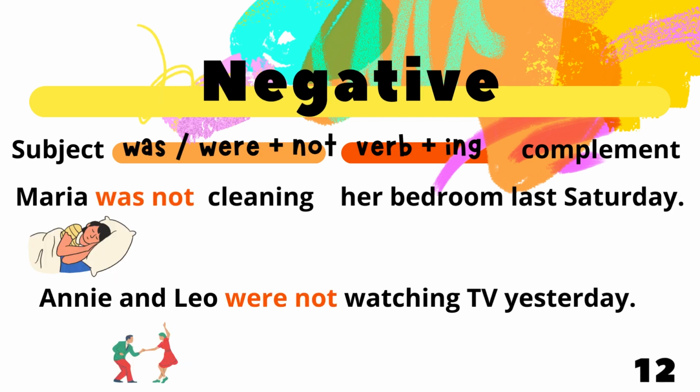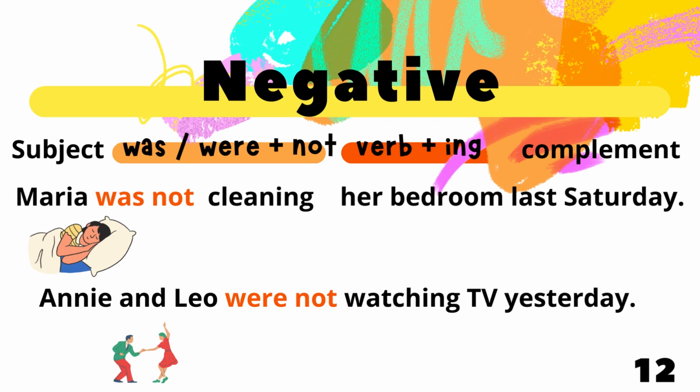Negative form. Subject plus was or were plus not plus the verb with ing ending and then the complement. For example, Maria was not cleaning her bedroom last Saturday.